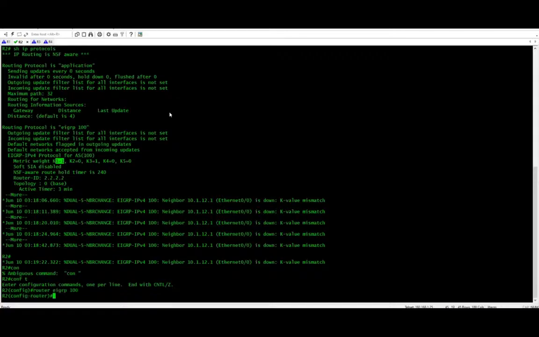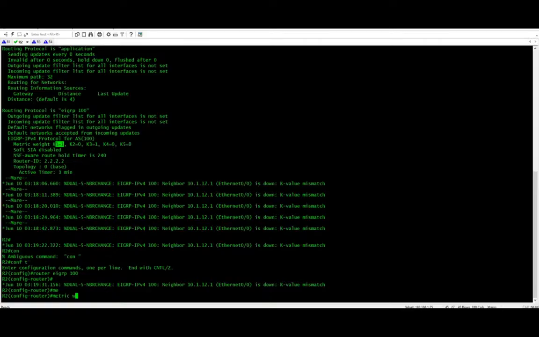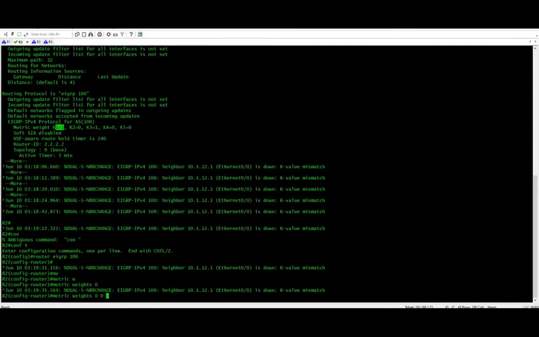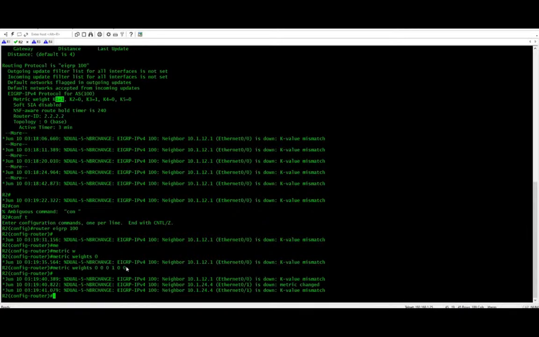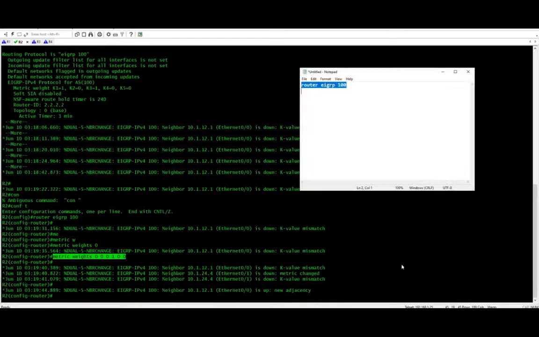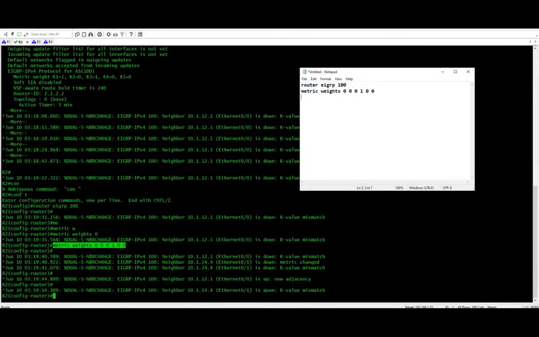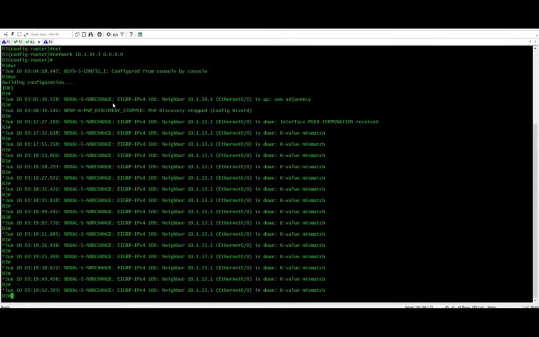Okay, we are just using metric weights 0 0 0 1 0 0. I'll paste this command here. I'll copy it and apply it on all.